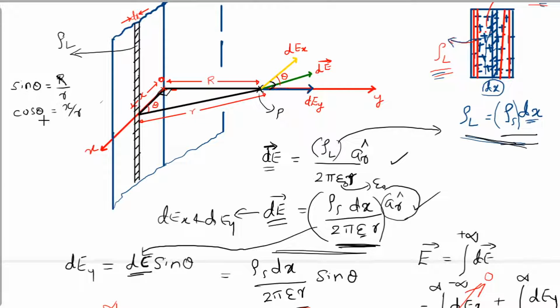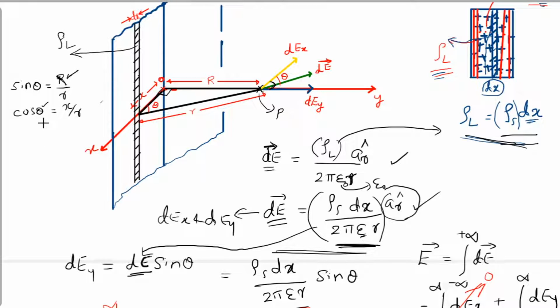I have to get x in terms of capital R and theta. From this I can write small x equal to small r cos theta, but that will not help me because r is also variable.